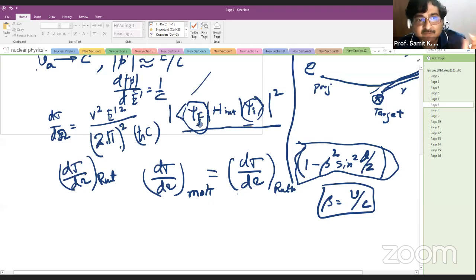If you include that spin information, this extra term will come, and it should be multiplied by the classical cross section, the one calculated without the spin effect. Okay.